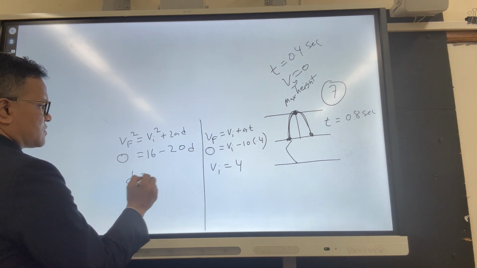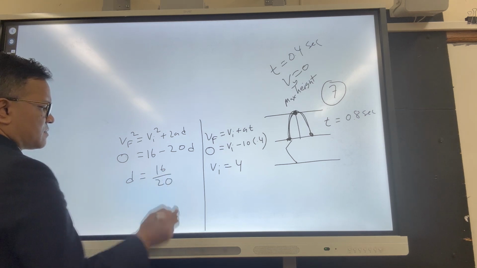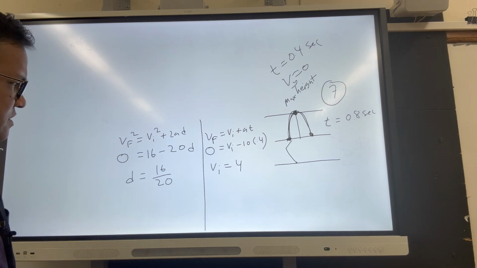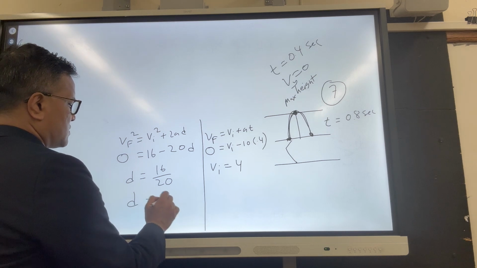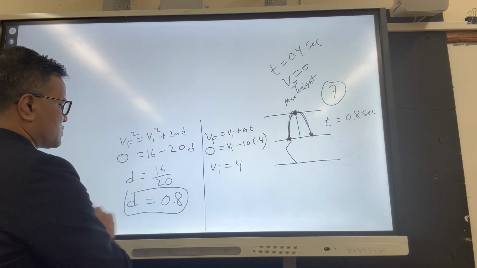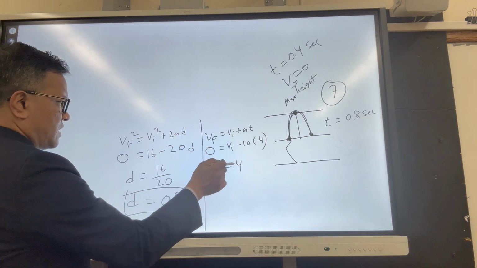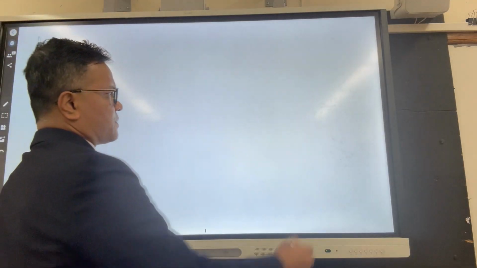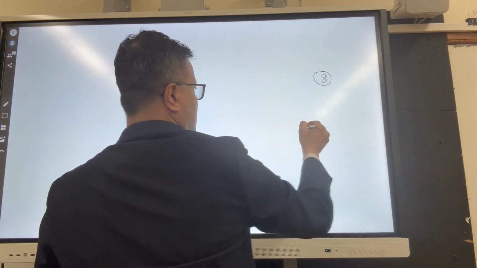So d is equal to 16 divided by 20, which is 0.8. If you use negative 9.8 instead of negative 10, you are going to get 0.78.